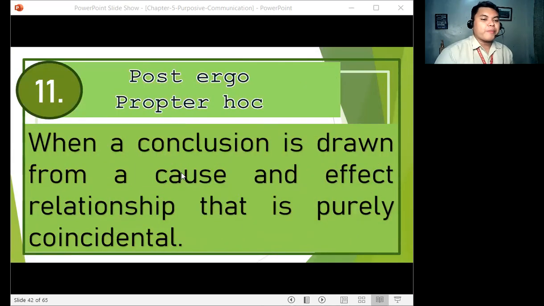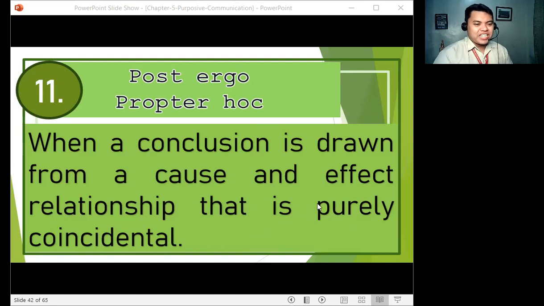Post ergo propter hoc. Post ergo propter hoc, when a conclusion is drawn from a cause and effect relationship that is purely coincidental. Okay, very common. This post ergo propter hoc is very common to those people who are superstitious.